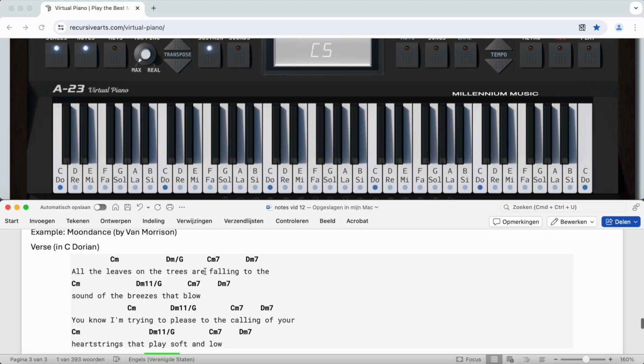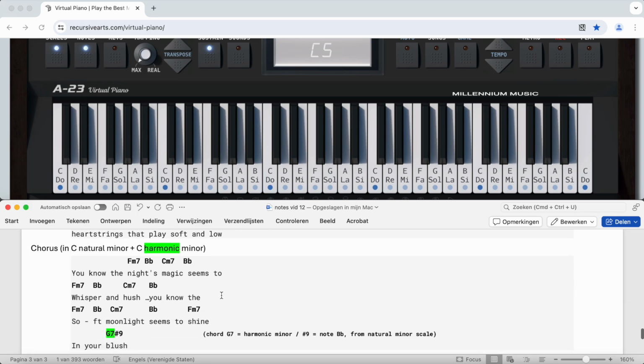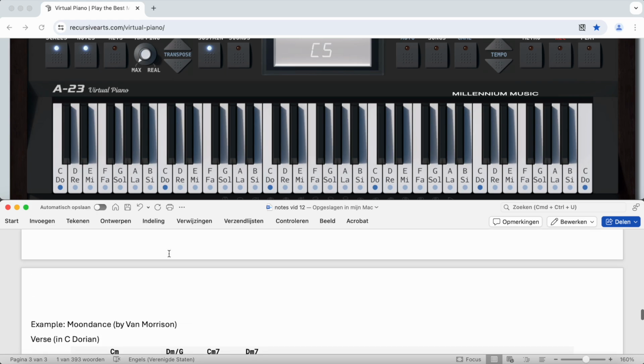All the leaves on the trees are falling to the sound of the breezes that blow. You accompany that melody with C minor, D minor, C minor, D minor. And then in the chorus it switches to F minor, B flat, C minor, B flat. This is the 4th degree, 7th degree, and 1st degree of C minor.